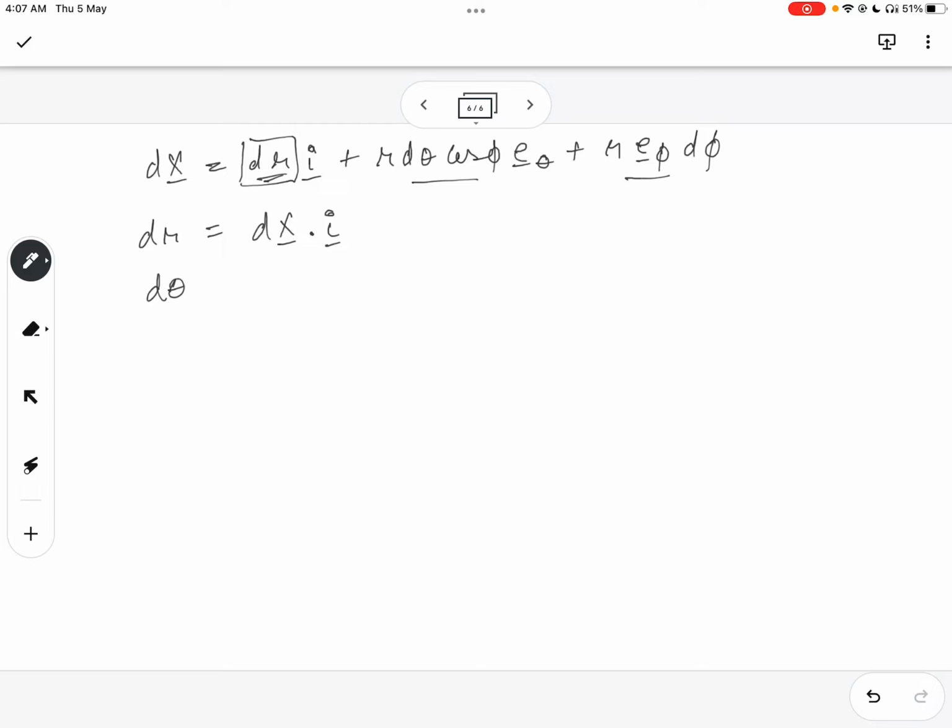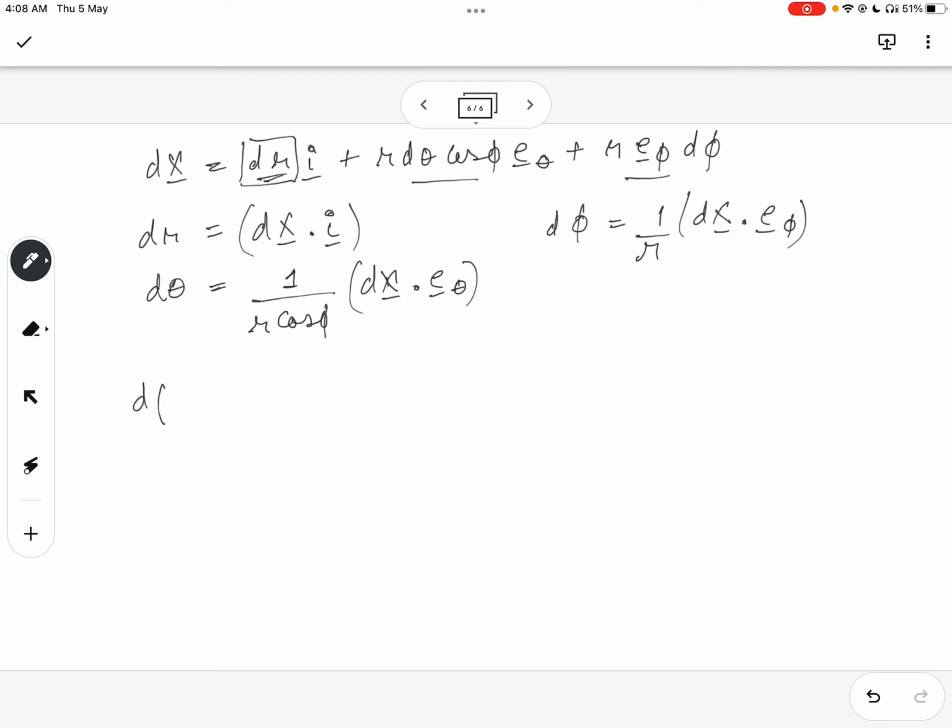Similarly, dθ is 1 by r cos φ dx dot e_θ, and dφ is 1 by r dx dot e_φ.